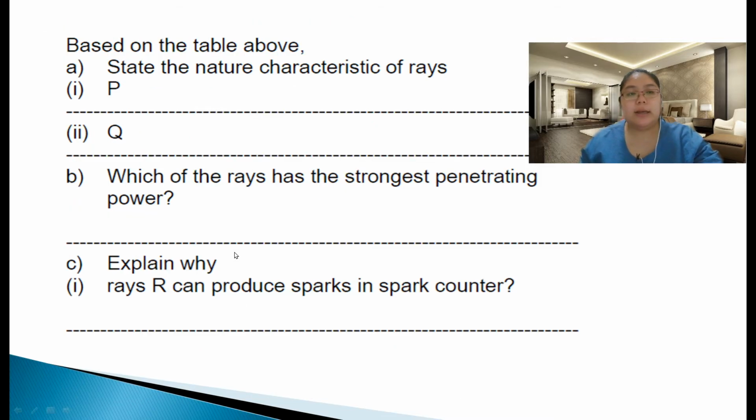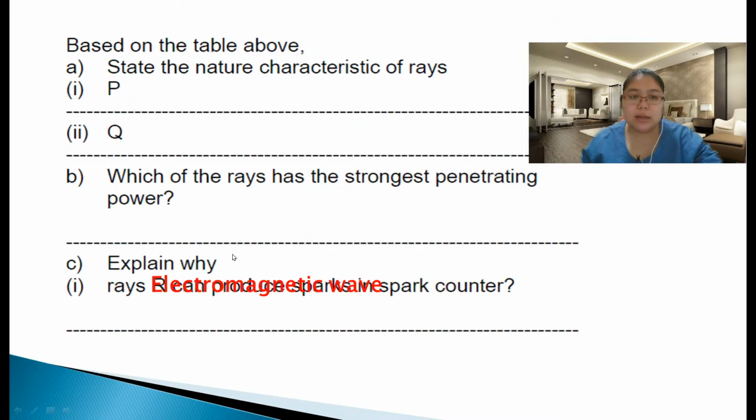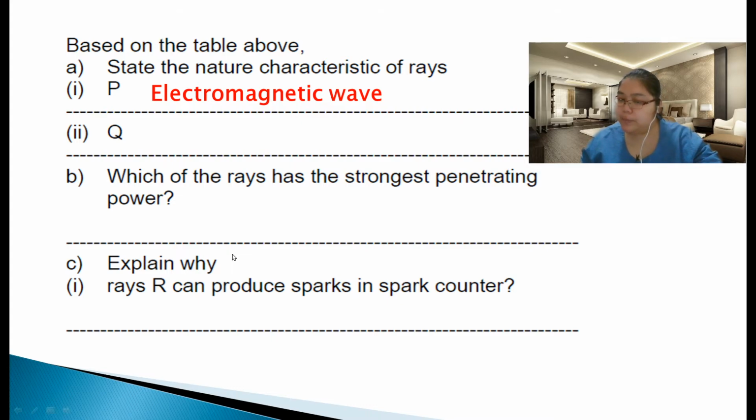Based on the table above, state the nature of the rays. Remember the nature? Refer to P. P is a gamma, so the nature is an electromagnetic wave. How about Q? You refer to the table just now.